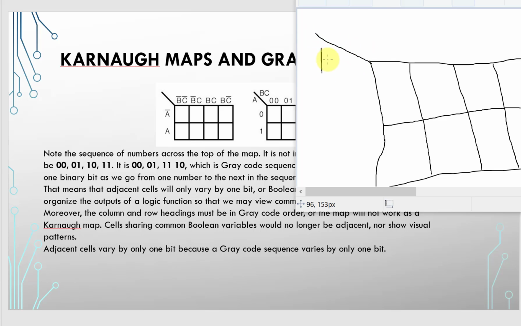It is A, B and C, right? And we will write the sequence here, where the possible bits are 0 and 1, right? It is 0, 0, right? It is 0, 1, right?